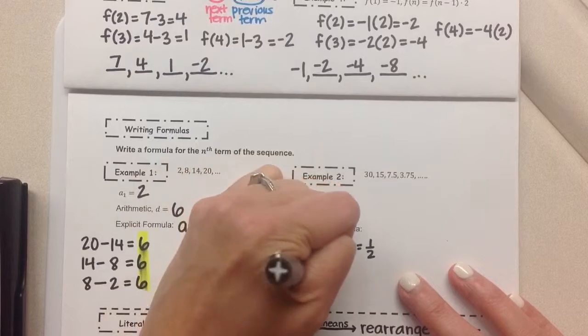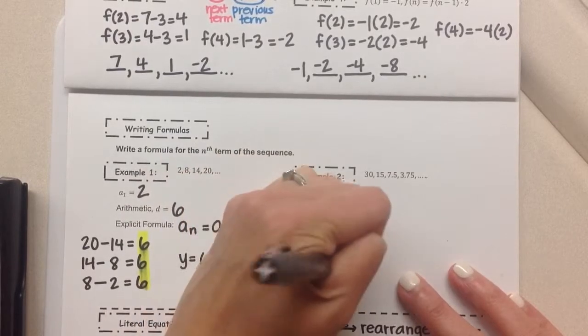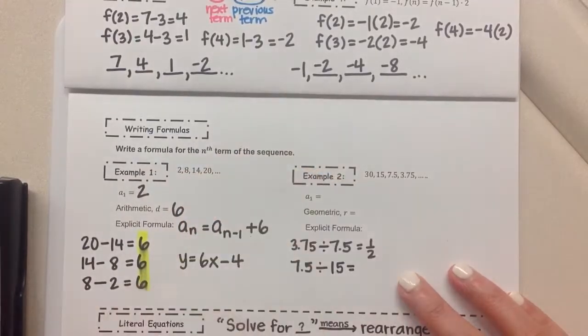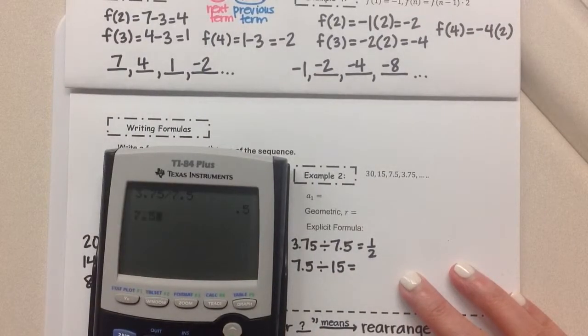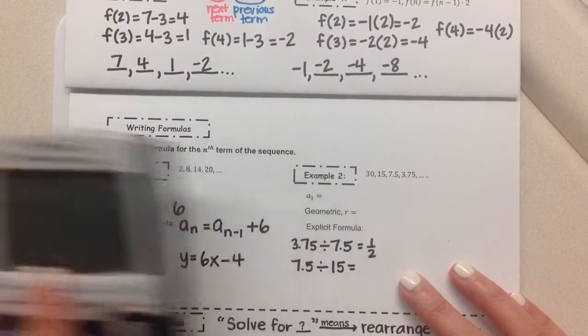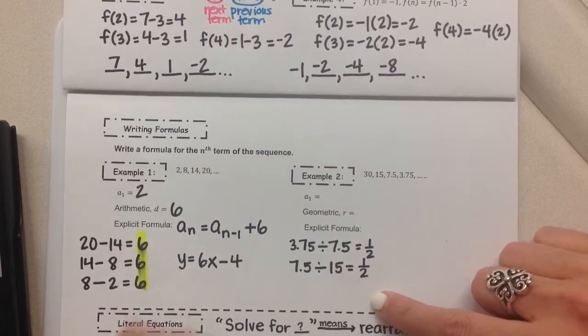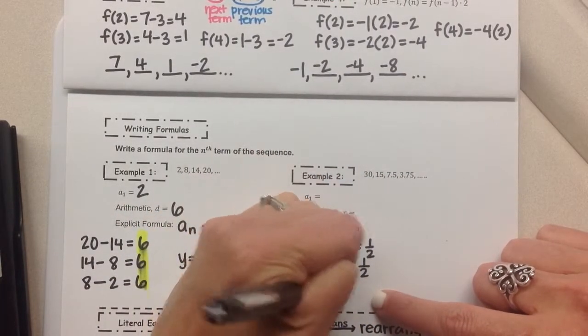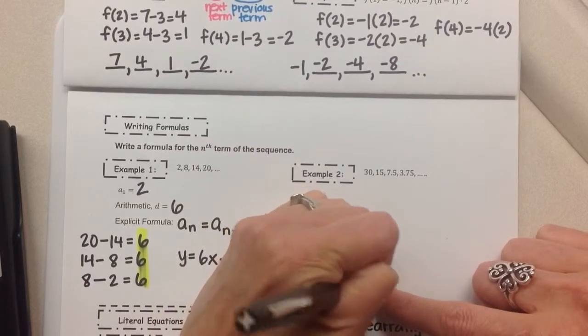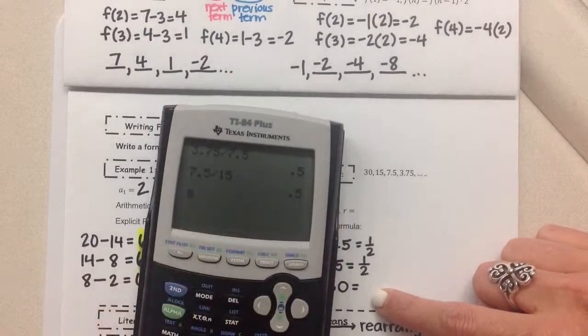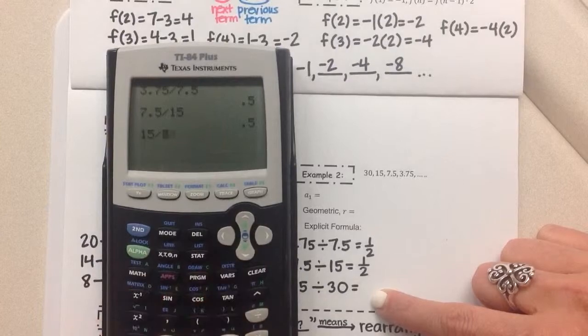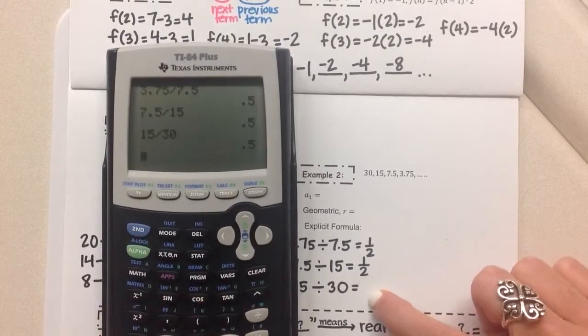All right, and now I'm going to start at 7.5, and I'm going to divide by the number in front of it, which is 15. So 7.5 divided by 15. And that is, again, 1/2. So I'm going to check the last one because it's got to be the same ratio all the way through. So I'm going to do 15 divided by 30, which is the number before it, and that is 1/2.